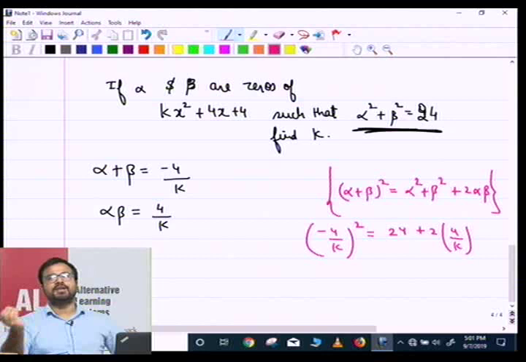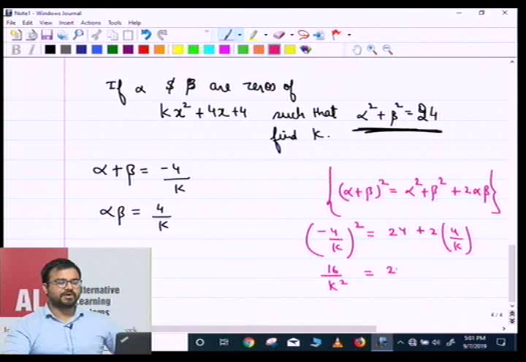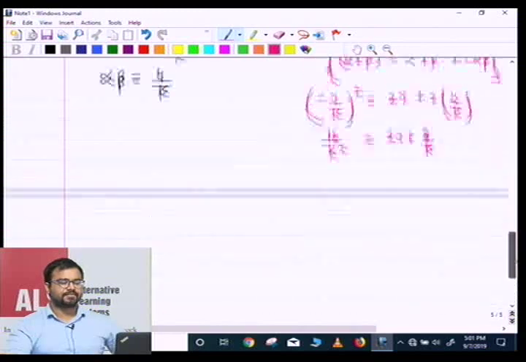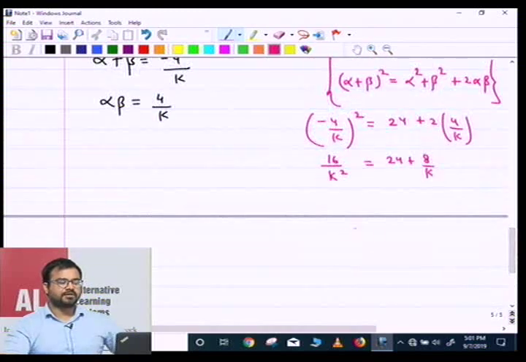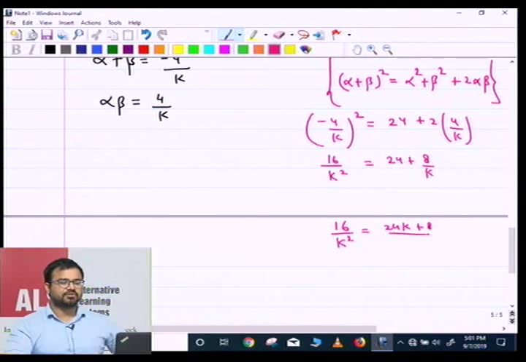So we will get a complete quadratic equation. It will be 16 by k square is equal to 24 plus 8 by k. Again simplifying this one, it would be 16 by k square is equal to 24k plus 8 over k.